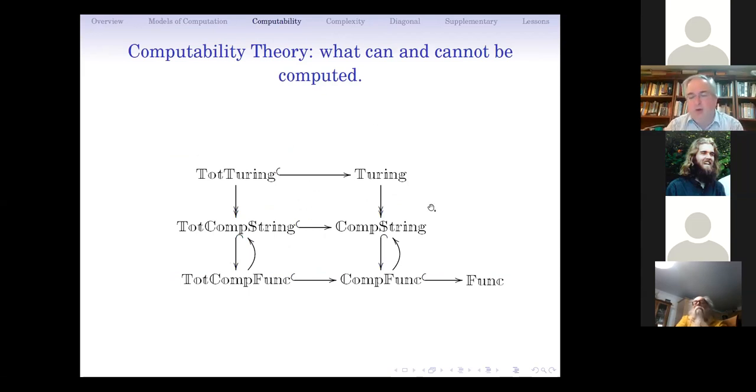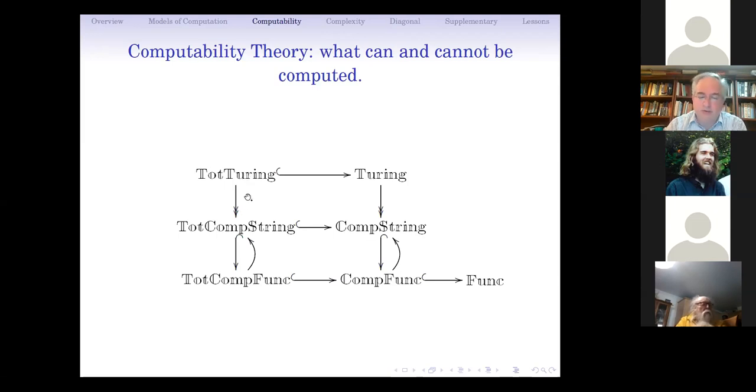Every Turing machine corresponds to a function between powers of strings. The object m goes to string to the m. The Turing machine from m to n goes to the computable function that this Turing machine describes.